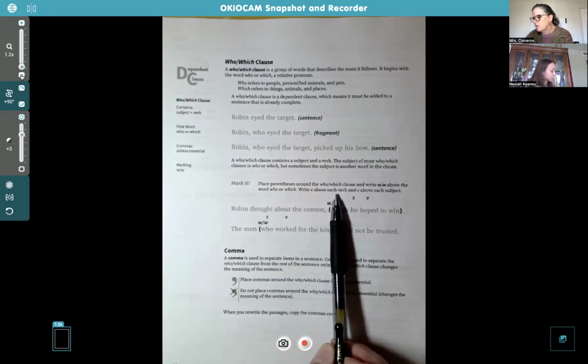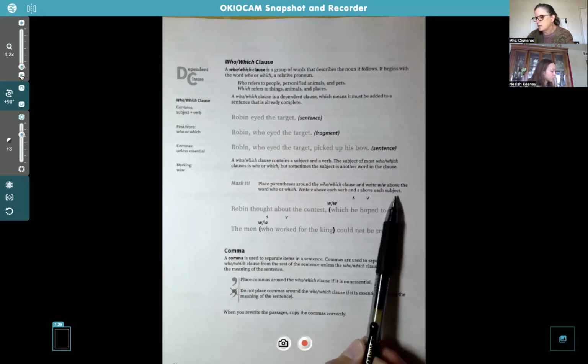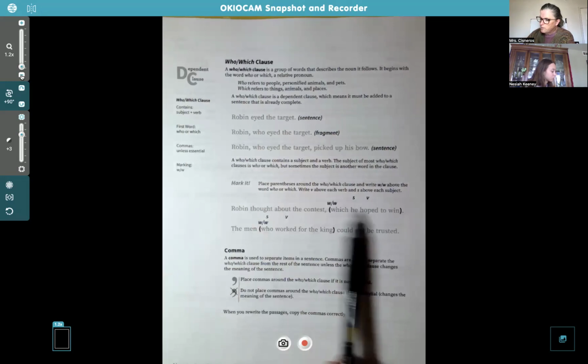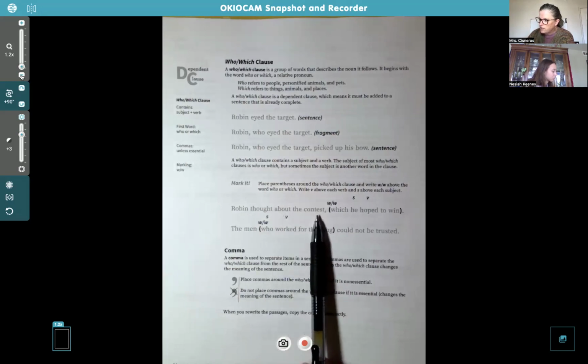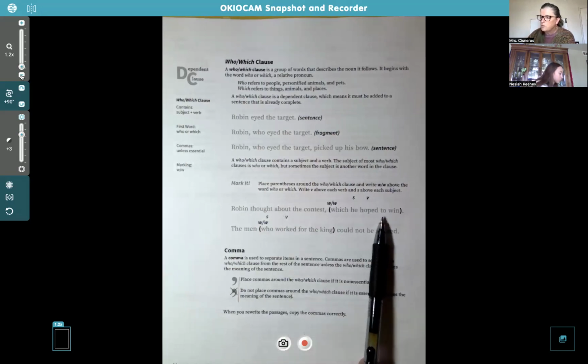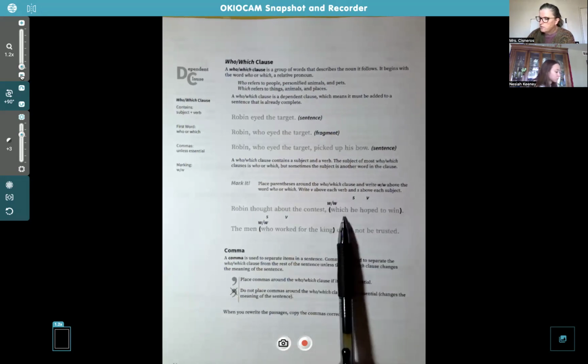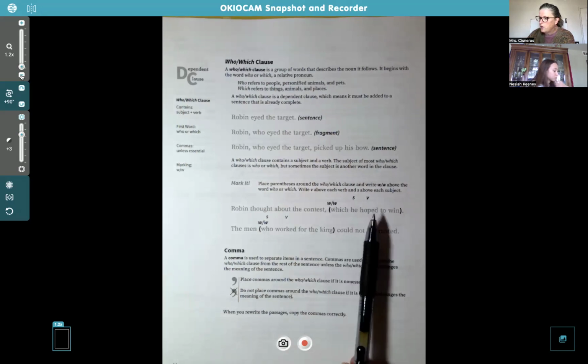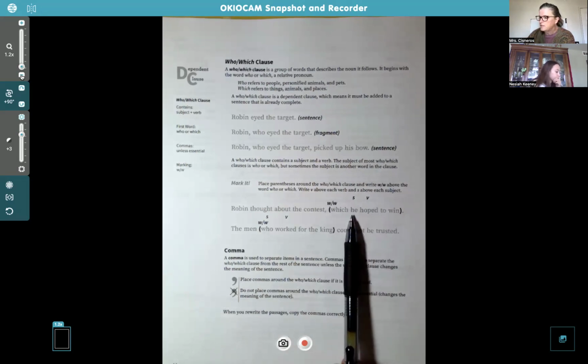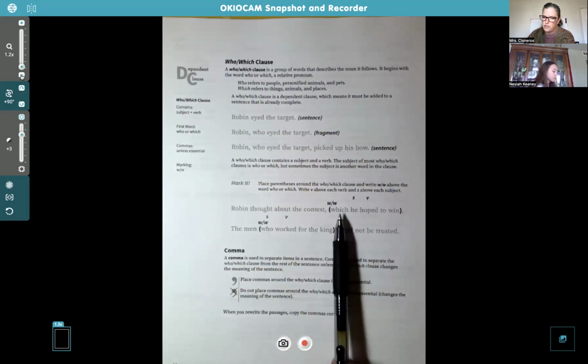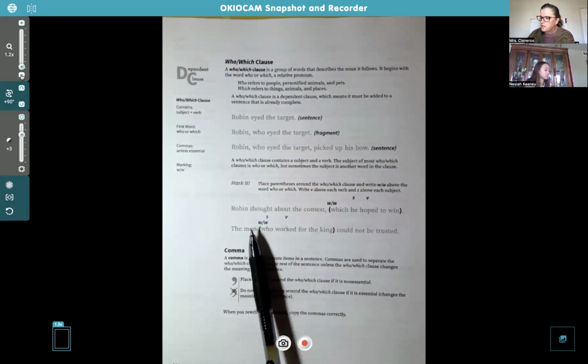Write V above each verb and S above each subject. The first example here, Robin thought about the contest, which he hoped to win. So there's your which clause with the W/W, and then hoped is your verb and he is your subject. So in this one, it's not which, it's he actually.